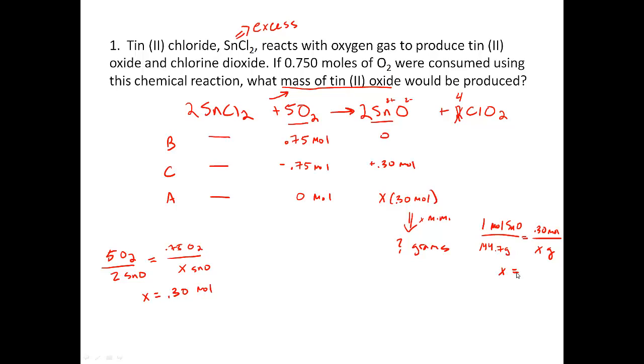Well, let's go ahead and figure that out. So it's going to be 0.30 times 144.7. We're talking 43.4 grams of SnO. That will be our answer for number 1.